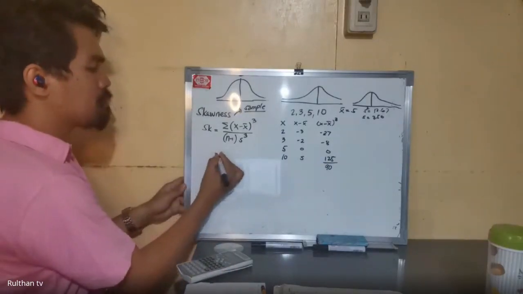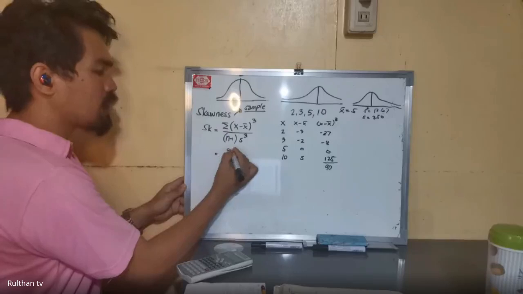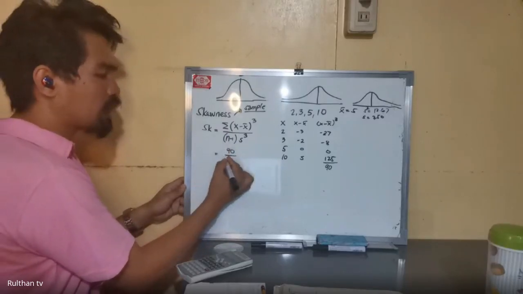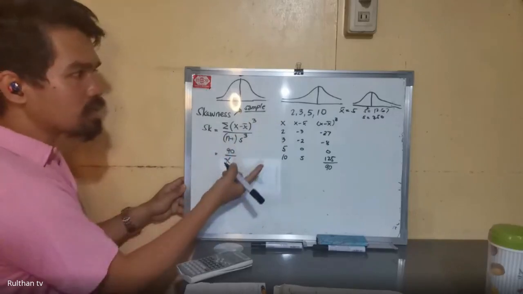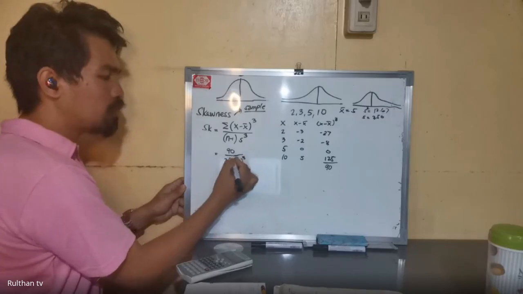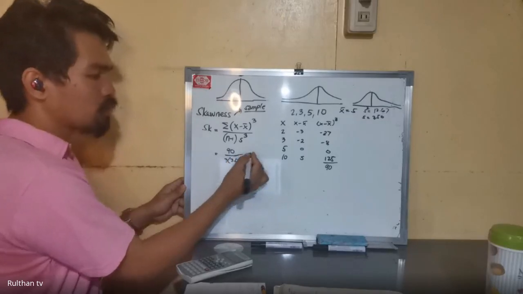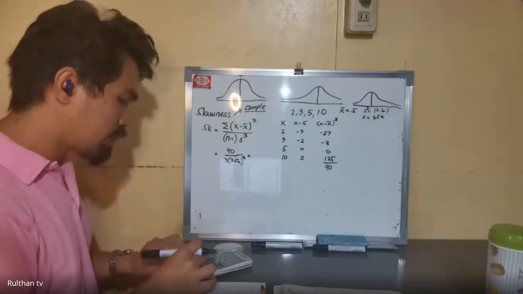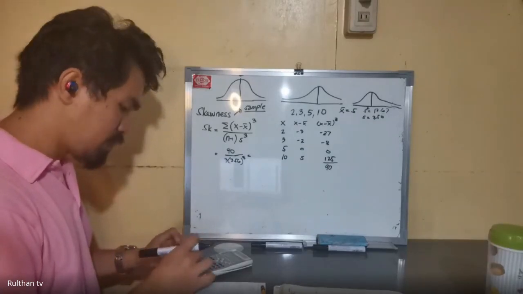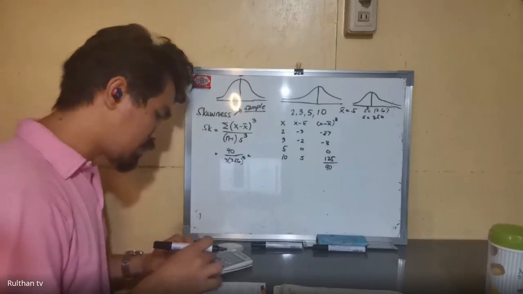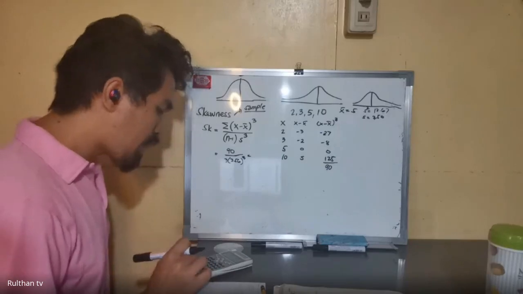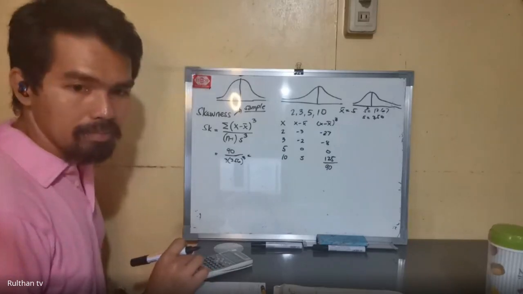The numerator is 90 divided by n minus 1, that's 3, times our SD cubed, 3.56 cubed, which is 90 divided by 3 times 3.56 raised to the power of 3. Close. Do we have positive or negative?